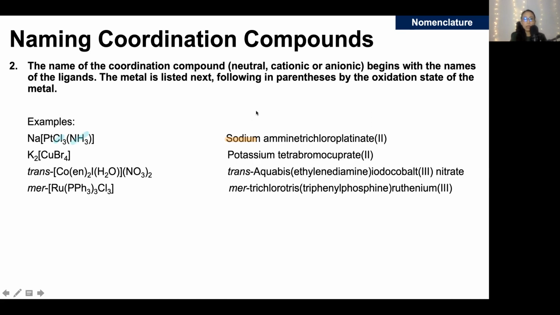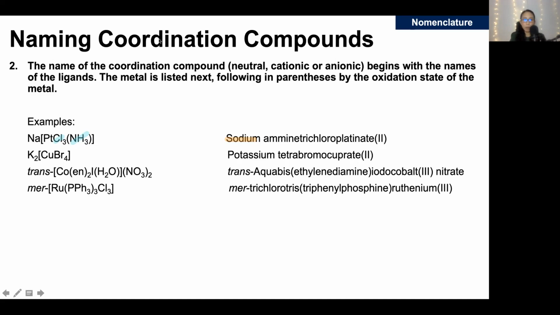So this one should be alphabetical, following the name of the ligand. So in the previous video, you saw in the table that your ligands have names if they are ligands in a complex. It's not just their typical name as a molecule, but they have a special name as ligands.